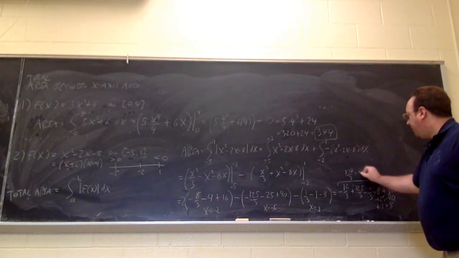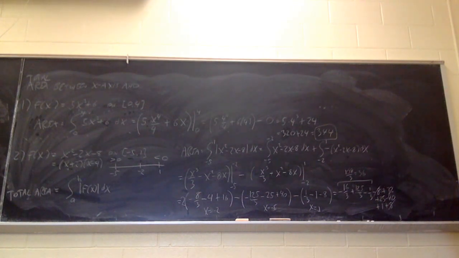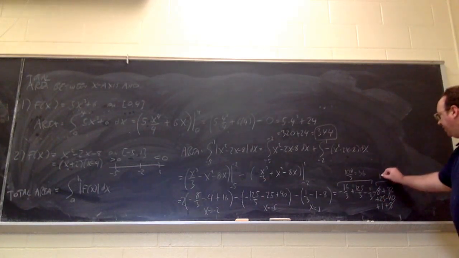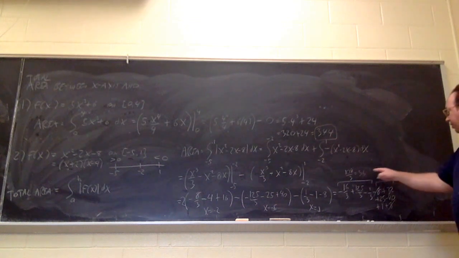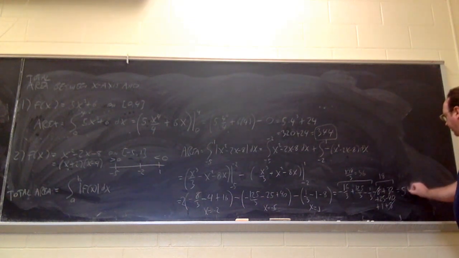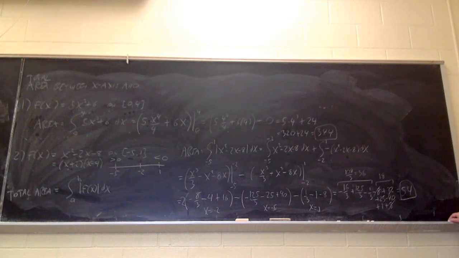It turns out to be 36. So now if I just combine the rest of these, 32 plus 1 is 33, plus 25 is 58, minus 40 is 18. So all of these add up to 18. So 36 plus 18 gives me 54 square units. So that is my final answer.